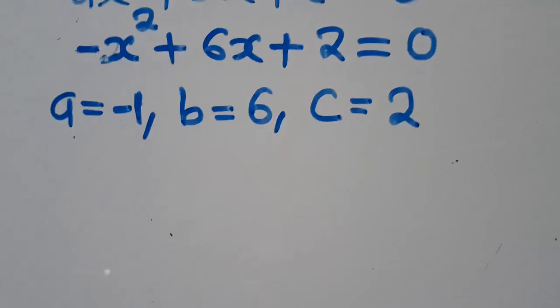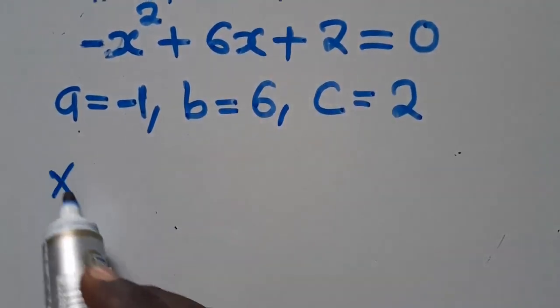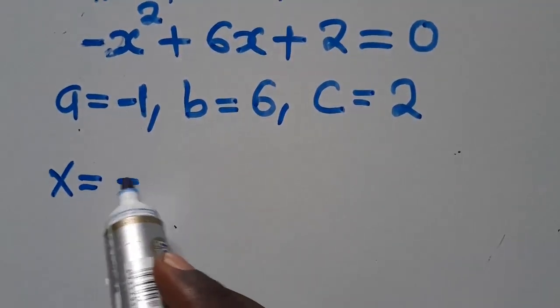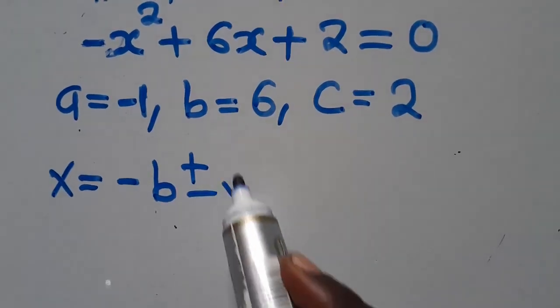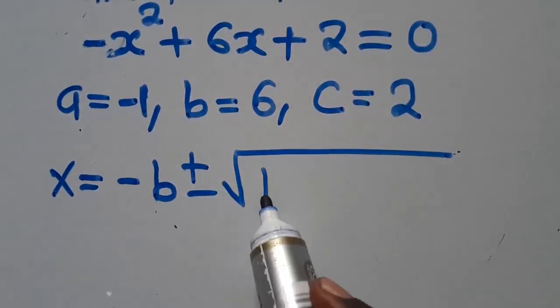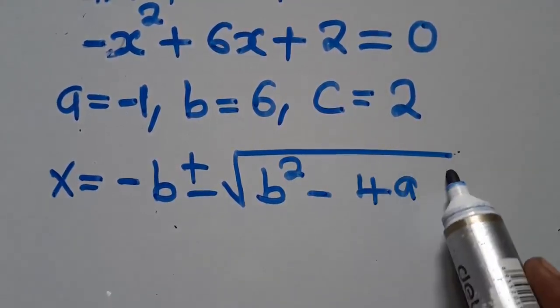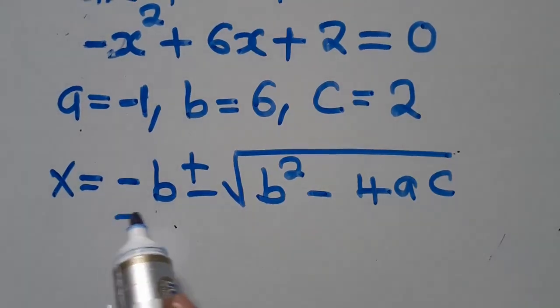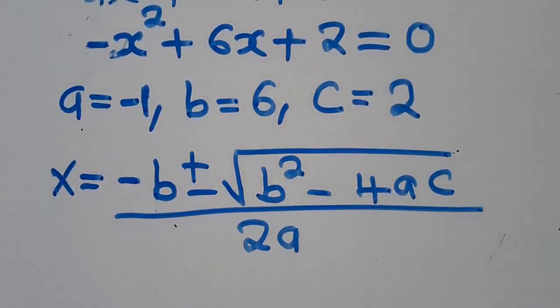From here, you substitute, where x is equal to negative b plus or minus the square root of b squared minus 4ac, over 2a. This is what you need to do.